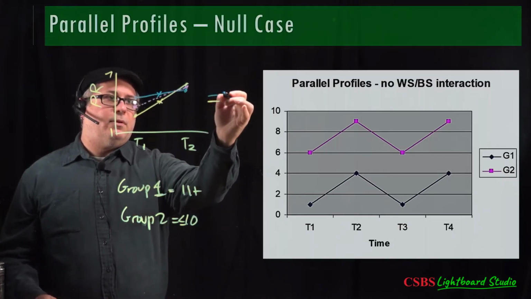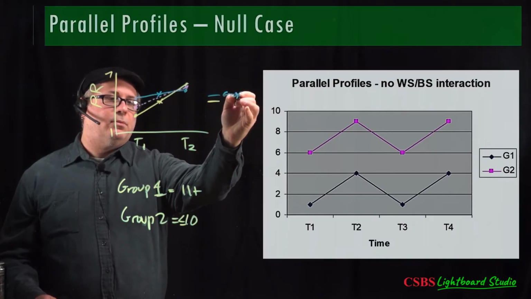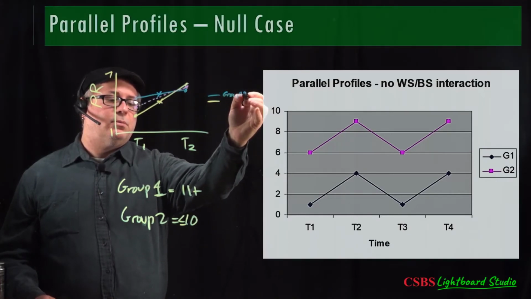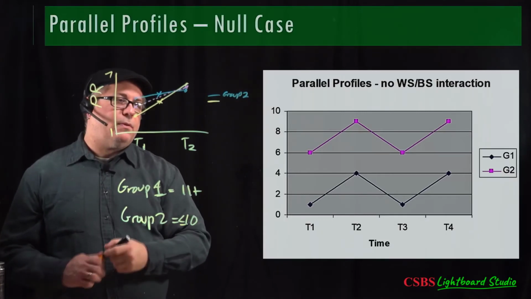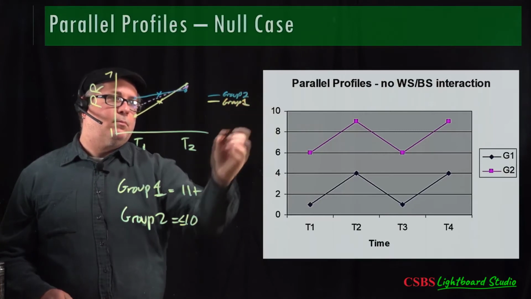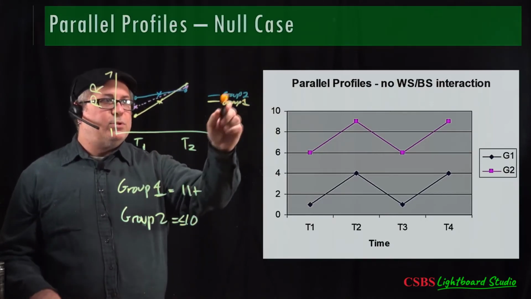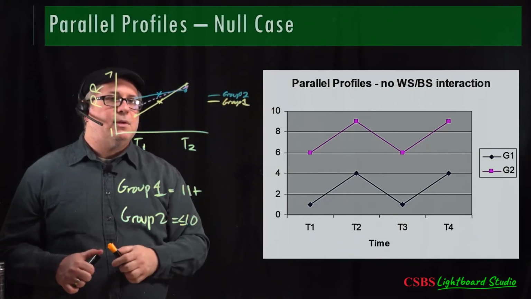Blue is group 2, and this is group 1. So overall, group 2 did a little better than group 1, but it's probably not significant.